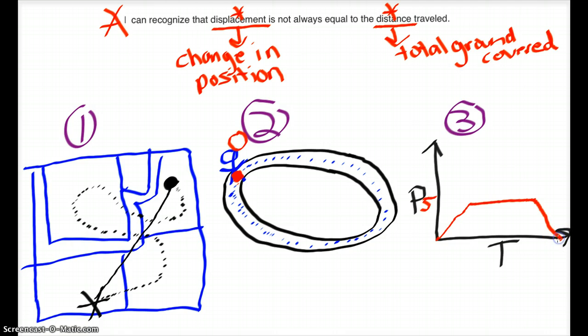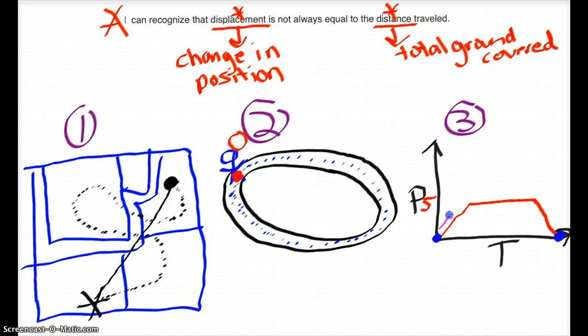Okay? Now, let's take a look at what your displacement and your distance would be. Okay? Now, again, displacement is change in position. So if you started at a position of 0, and then you ended at a position of 0. In this case, just like the case before, your displacement is 0. But the total distance you covered is different.